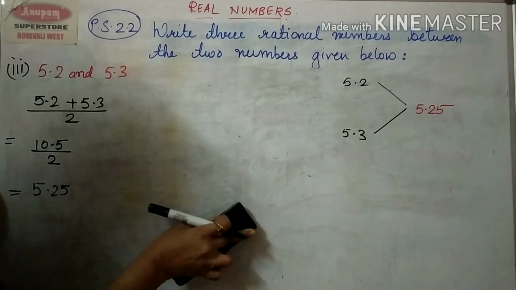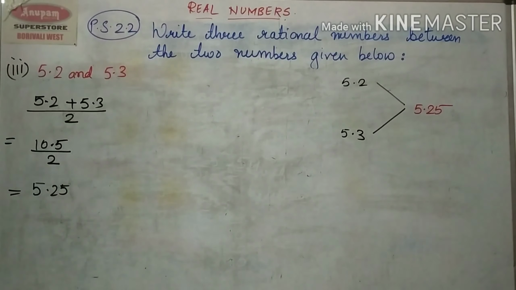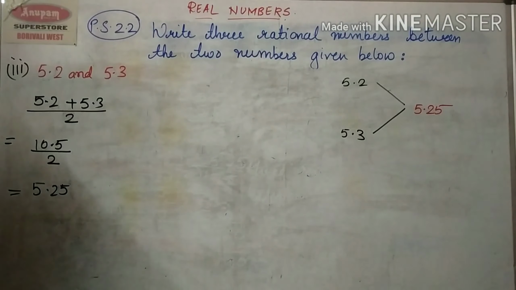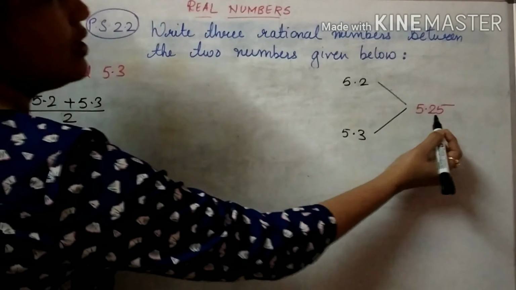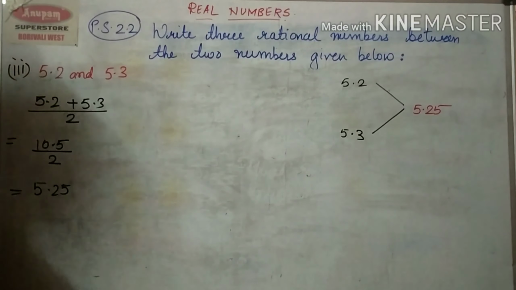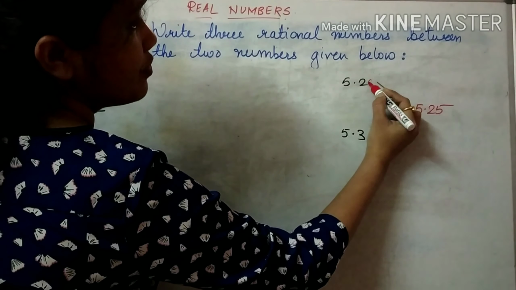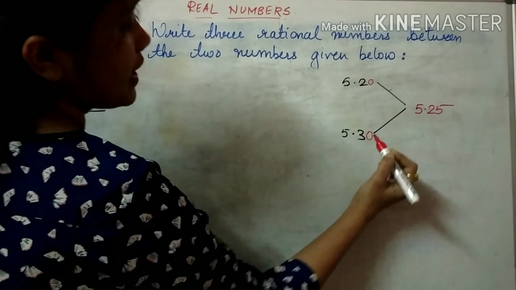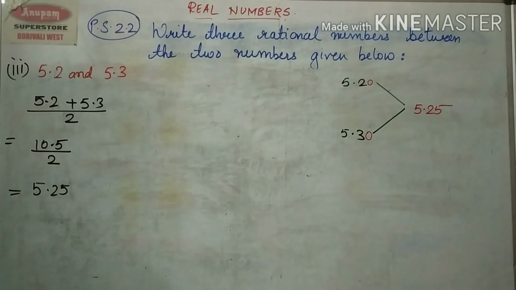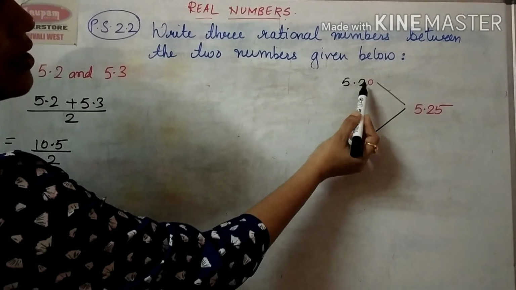And how do I do that, children? See, there are 2 digits here. So if I take the after decimal point, if I have 2 digits here, I'll put zeros here. Yes, I can do that. I'll put zeros here. Correct. So now I have how many numbers between 20 and 30?